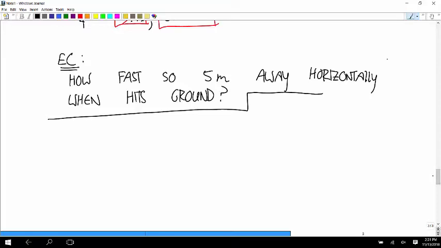Okay, so I'm going to use the same setup. My time equals 0, my time final, my origin location, and my coordinate system orientation. These are all going to be the same.